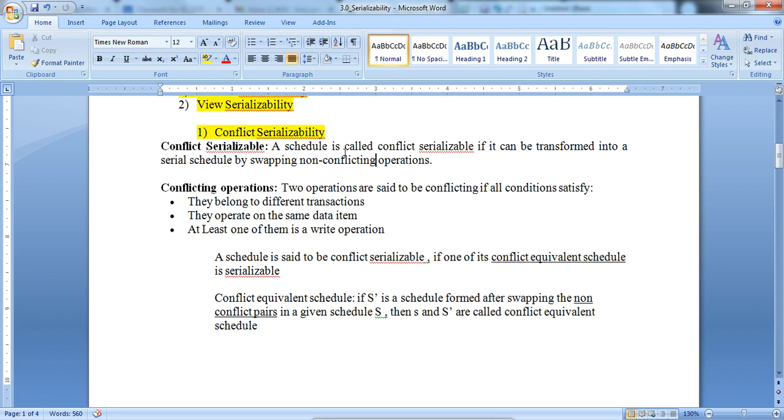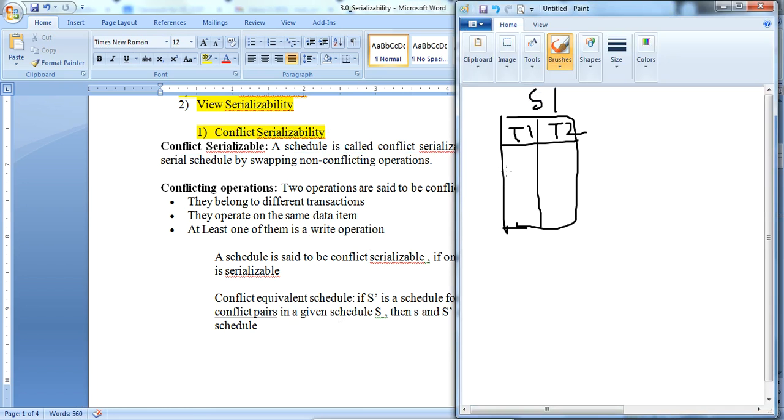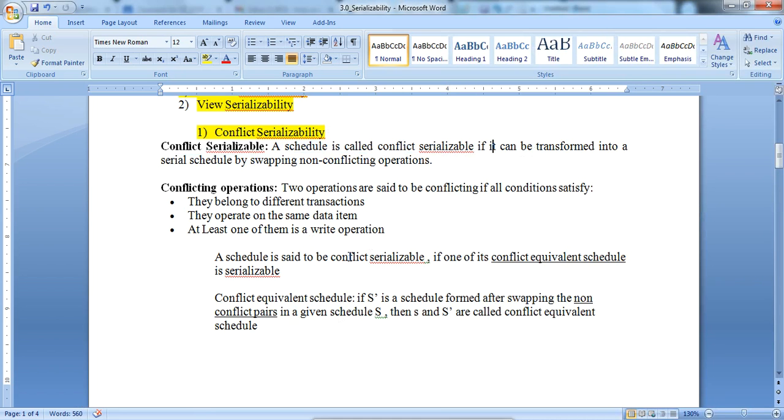A schedule is called conflict serializable if we can make this schedule into a serial schedule.